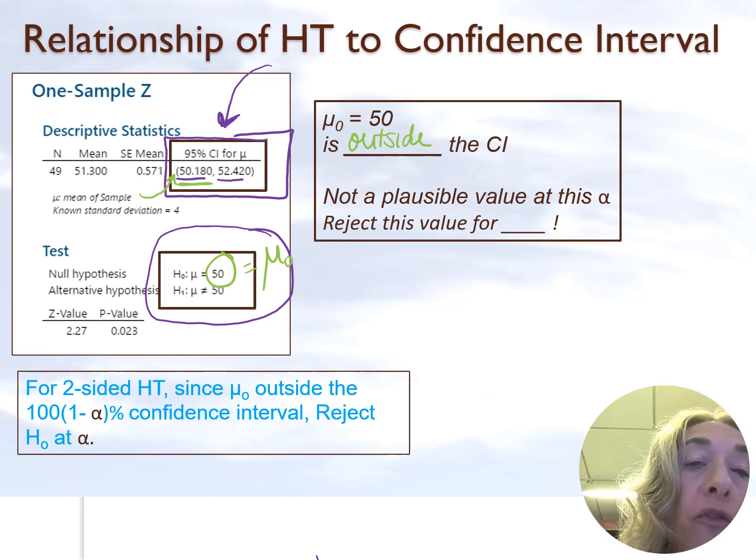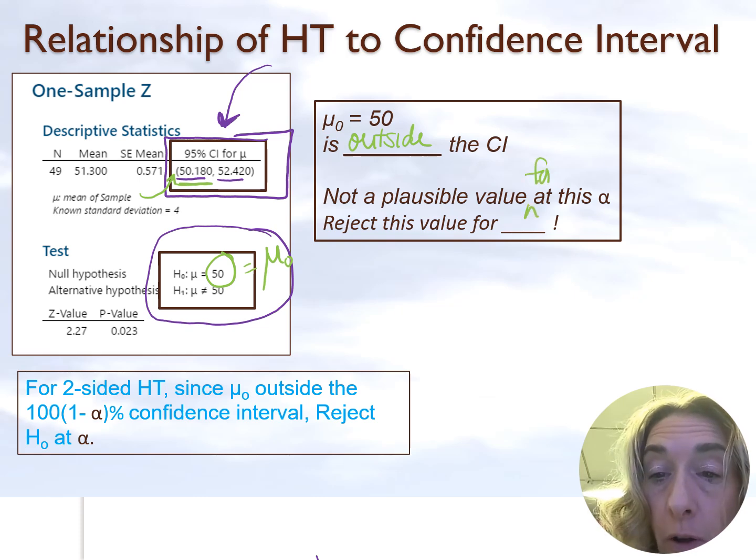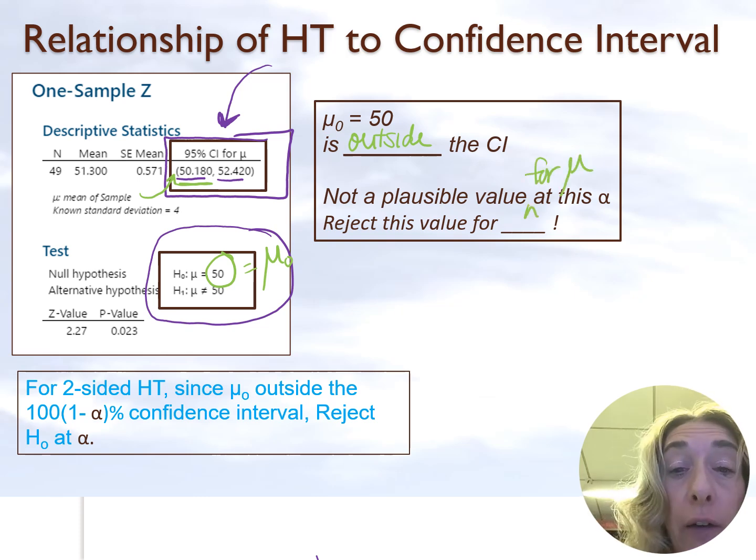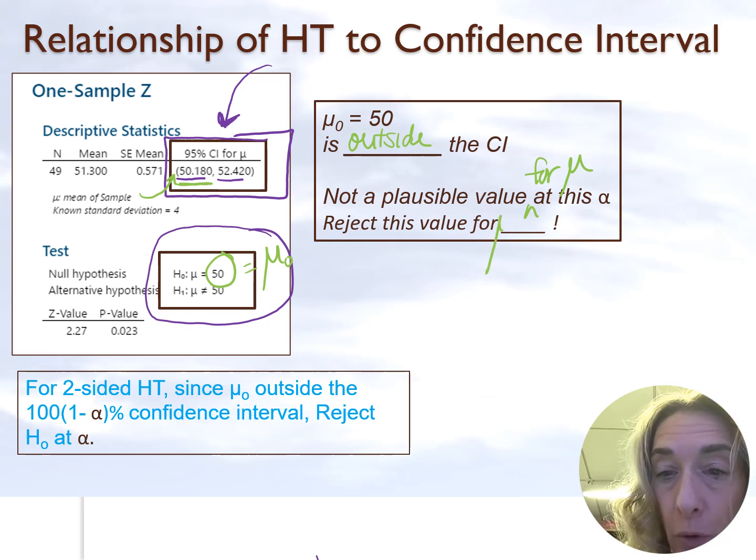So that means that 50 is not a plausible value for mu at this alpha level. It's outside of our confidence interval. So if mu naught of 50 is not a plausible value because it's outside, therefore we're going to reject this value for mu.